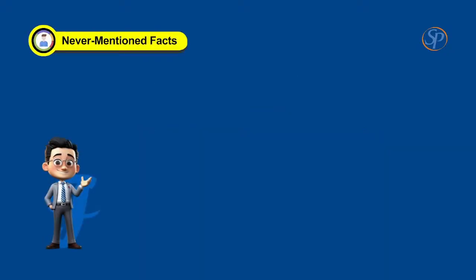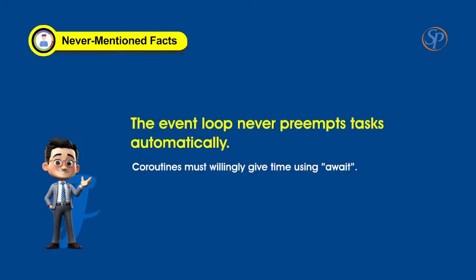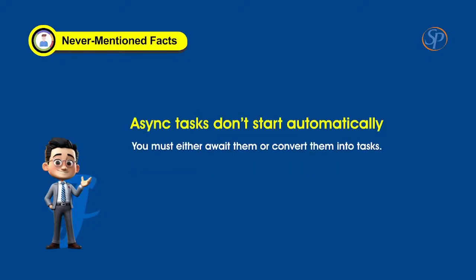Hidden facts: there are some truths most tutorials don't mention. Async functions don't run at the same time. They switch time cooperatively using await. The event loop never preempts tasks automatically. Coroutines must willingly give time using await. Async tasks don't start automatically.